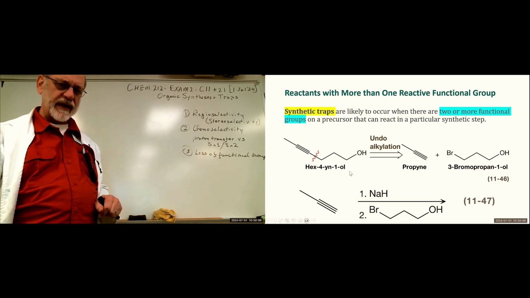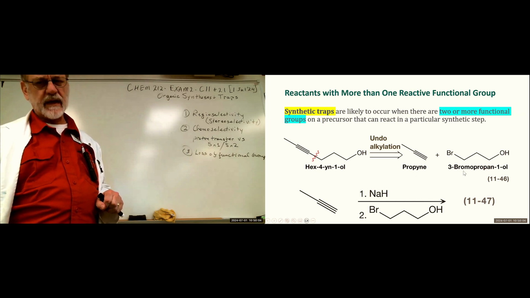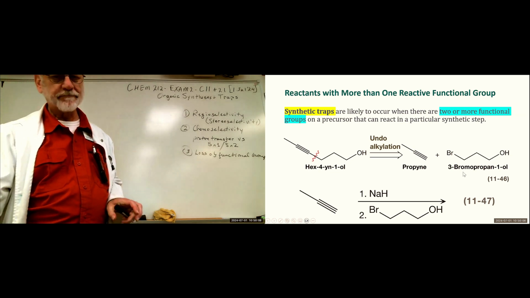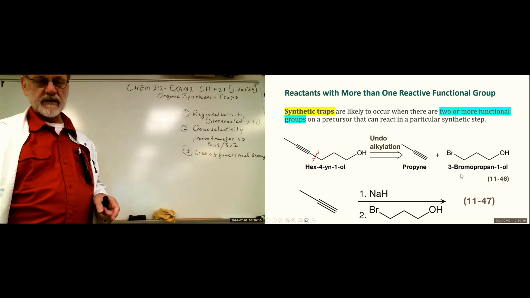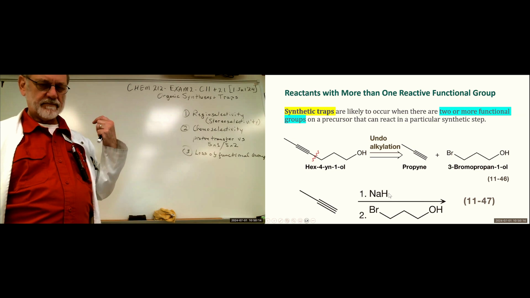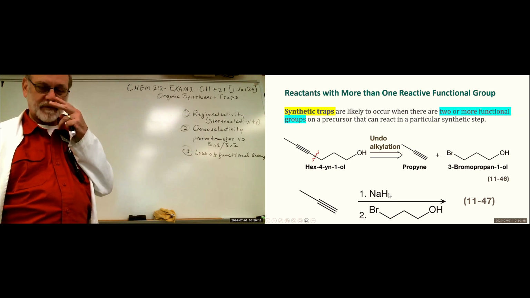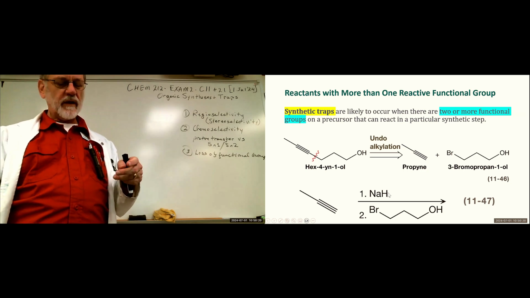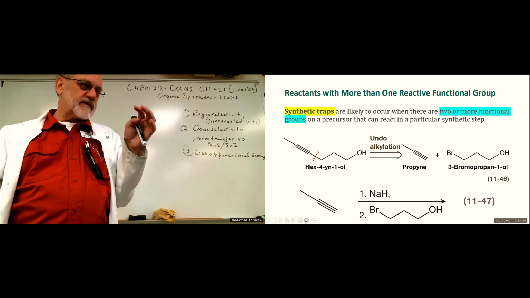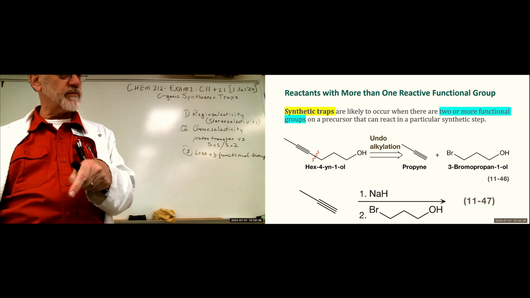So if we want to make this product and we say, okay, we want to use a propyne and a 3-bromo-propan-1-ol, so we flip it around and deprotonate the alkyne. And we think, well, if I deprotonate that alkyne and make an anion out of it, it's going to be a strong nucleophile and it's going to attack the carbon attached to the bromide.